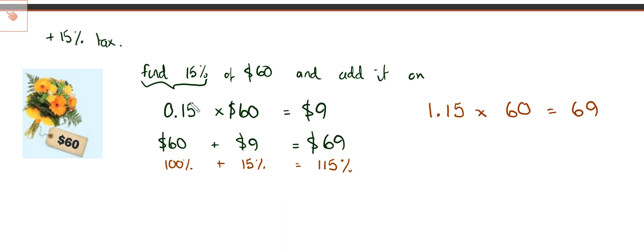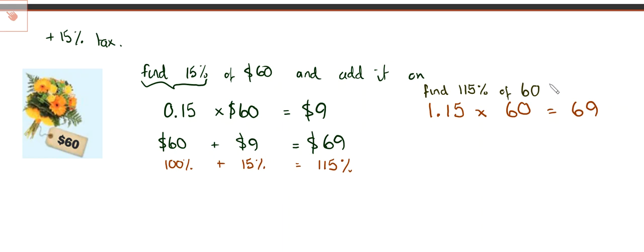Finding 15% is multiplying by 0.15. What does multiplying by 1.15 find? It finds 115% of 60. Now this is where this lesson goes to, and we increase a little bit.